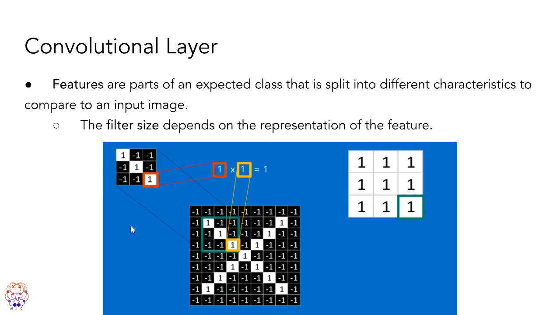And so, first part, the convolutional layer. What's actually going on in there? Essentially, you have this input image, and your input image is a bunch of matrices. It could be just a 2D matrix if it's black and white, for example.